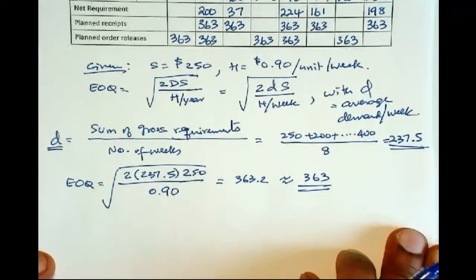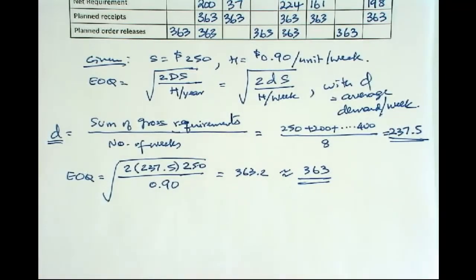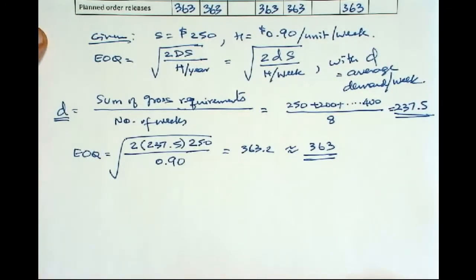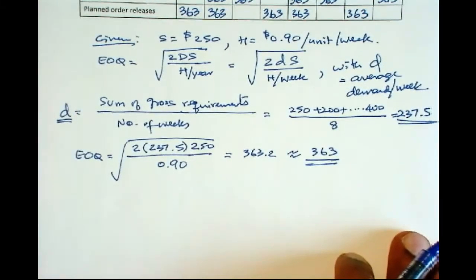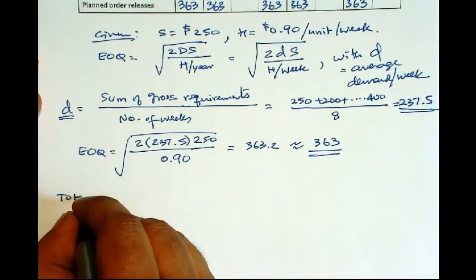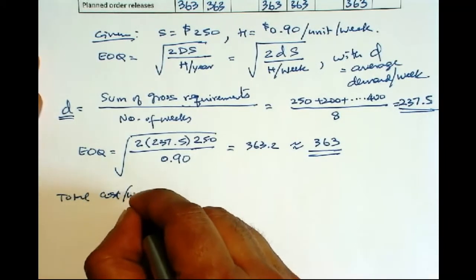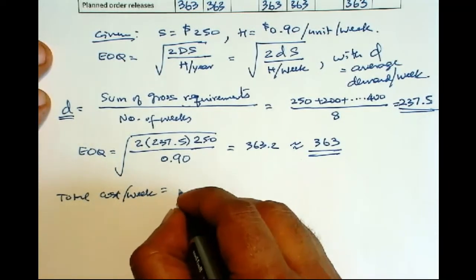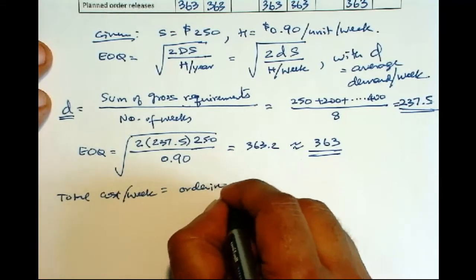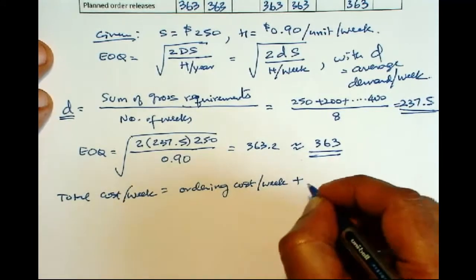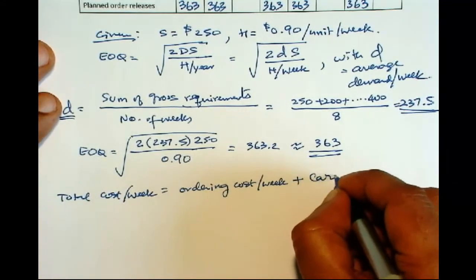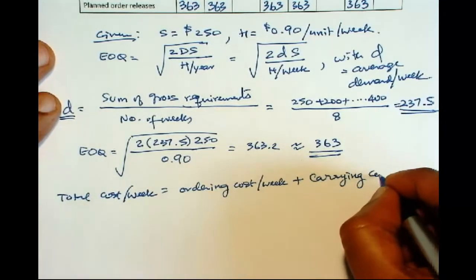Now we have to compute the cost for this approach. We can compute the EOQ cost on an annual basis and then convert it to weekly basis, or we can compute it for weekly basis and then multiply by 8 weeks. So total cost per week is ordering cost per week, the average ordering cost per week, plus carrying cost per week.